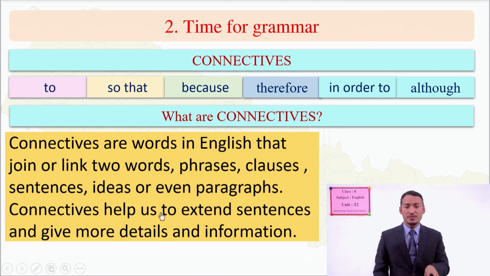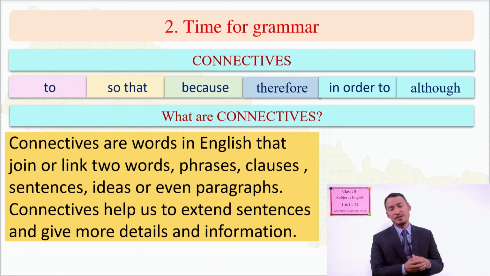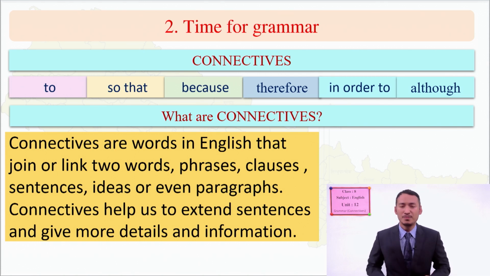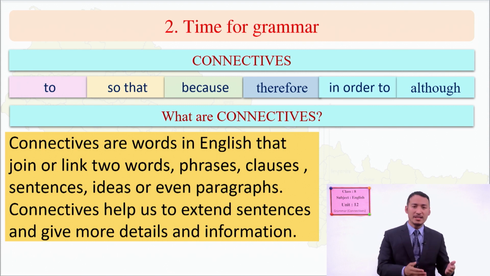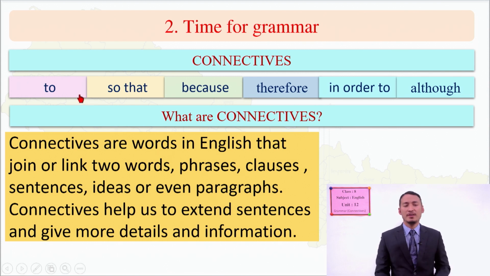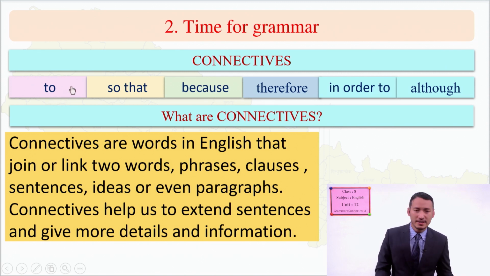Okay, so connectives help us to extend our sentences and give more details and information. When you want to say something, you would like to say more about it. Then you add something with the connectives. So you can say, I go to school to study or to get knowledge about various subjects.